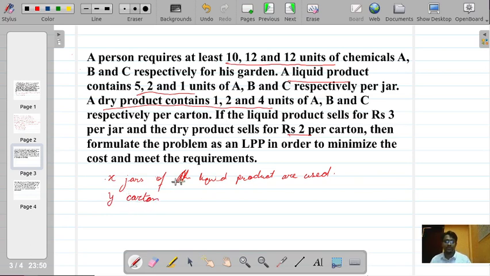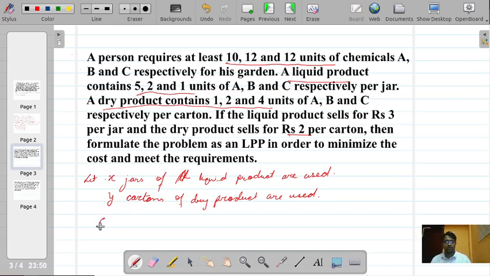So x is in terms of jars for the liquid product and y is in terms of cartons for the dry product. So you can begin with this.